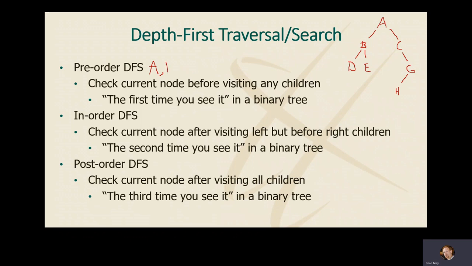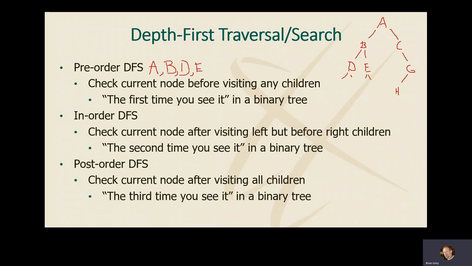We're gonna do our left, and we go to B, and we see it, and we go, okay, let's go to our left. We see D. Now we come back to B because we've done our left children, and we go, let's go to the right, and we check E immediately, right? And in each of these we don't have any children here or here, so we don't really go anywhere, right? Okay, cool.